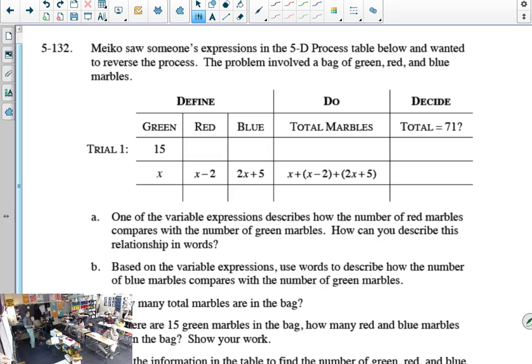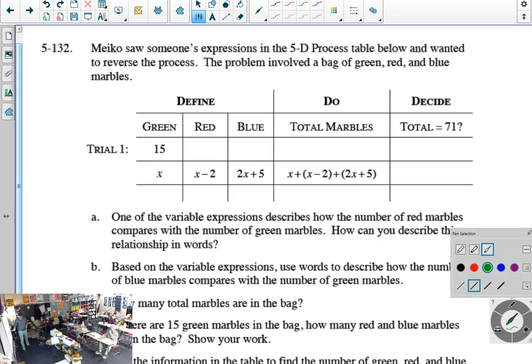Take a moment, try this on your own. How many green, how many blue? We got about 45 seconds left.